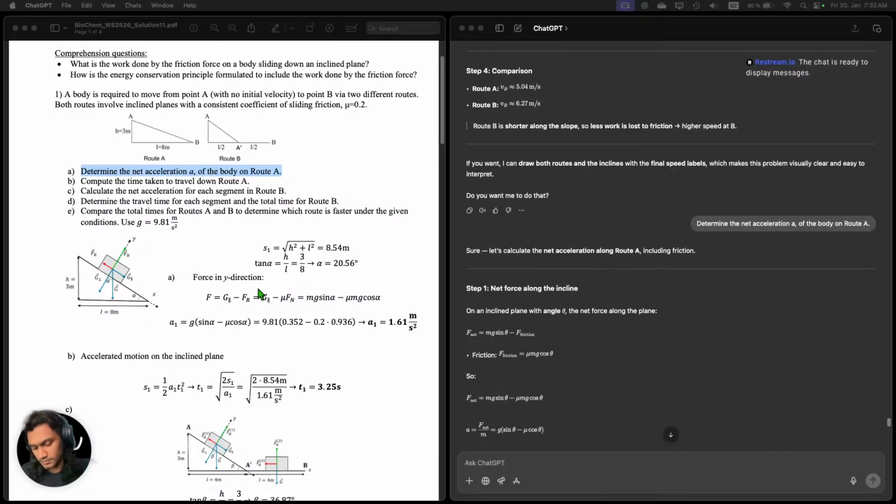That should be theta. I forgot the law, but yep, that is theta. Now that's FR, FN, GB.